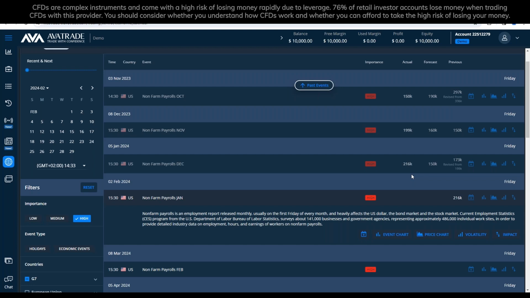So creating more jobs is a positive decision. So obviously, if the number is higher, it can contribute to the dollar. An inflation rate, which is, I don't want to say a negative decision, but if the number is higher, that means that it's, well, negative. Okay, because it's measuring the, never mind. Okay.